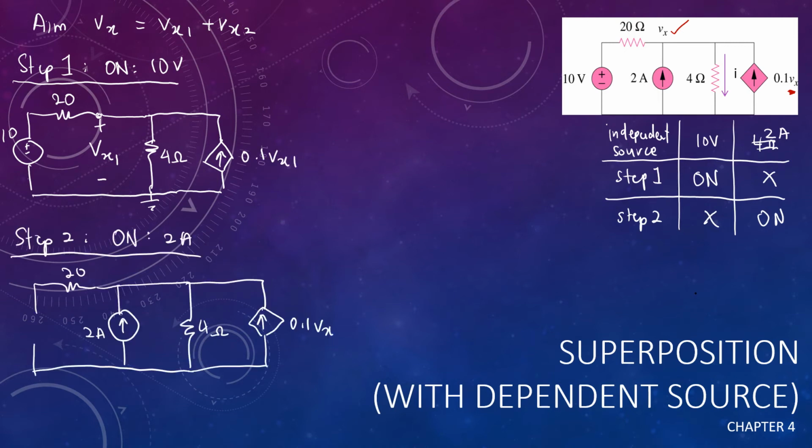For step number 2, you turn on the 2 amps. How do you turn off the voltage source? You replace it with a short circuit, and then maintain the dependent source. But remember to write this as Vx2 because this is our condition number 2. Where is Vx2?